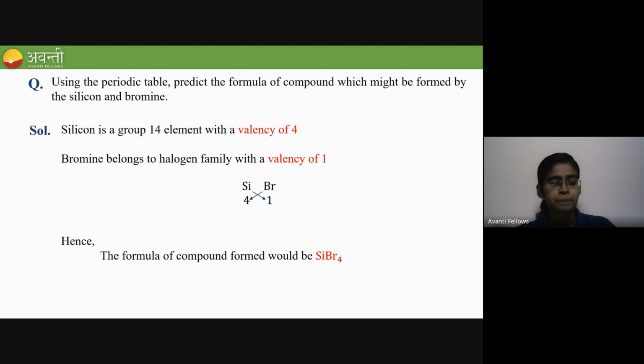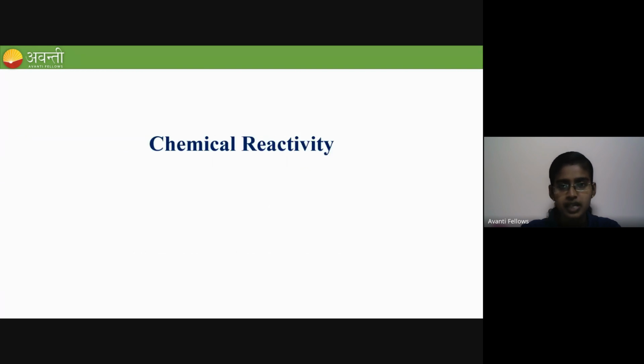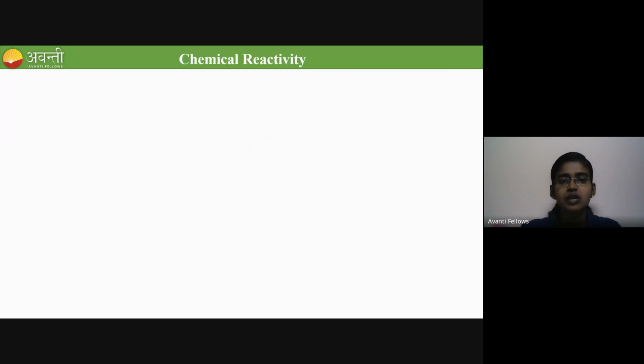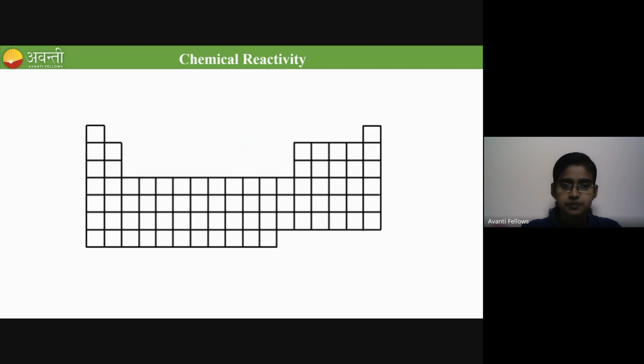Got it? Now let us move on to the second topic of this chemical property, that is chemical reactivity. Let us take the periodic table, an empty periodic table. On moving down the group, we know that the ionization energy and electron gain enthalpy decrease.